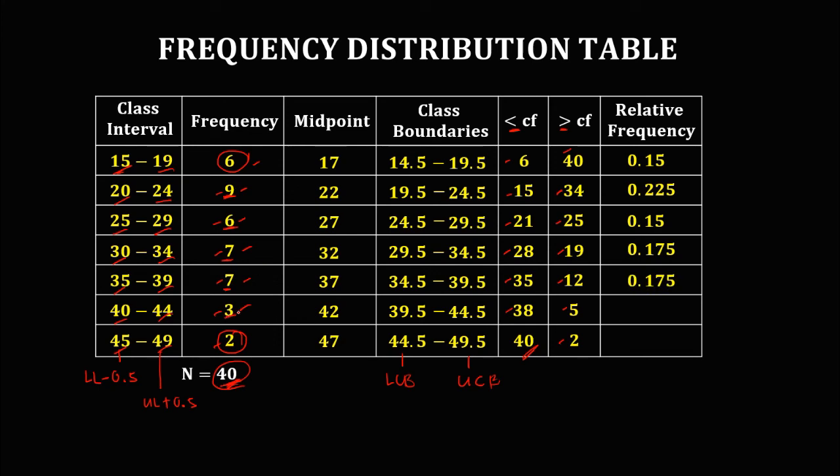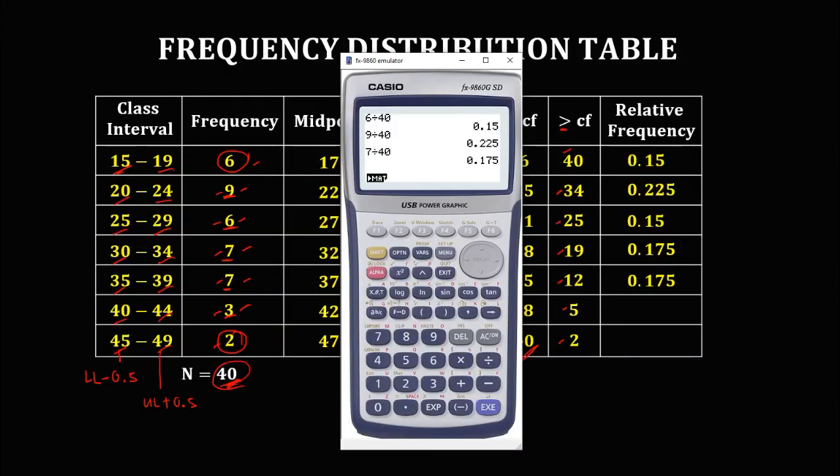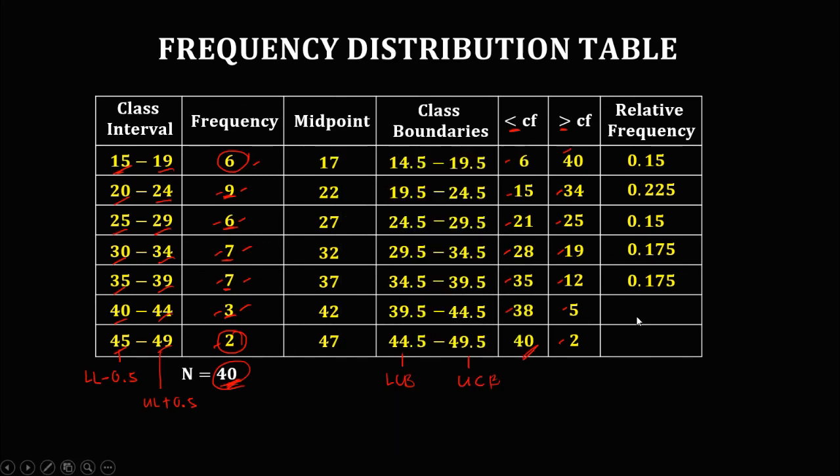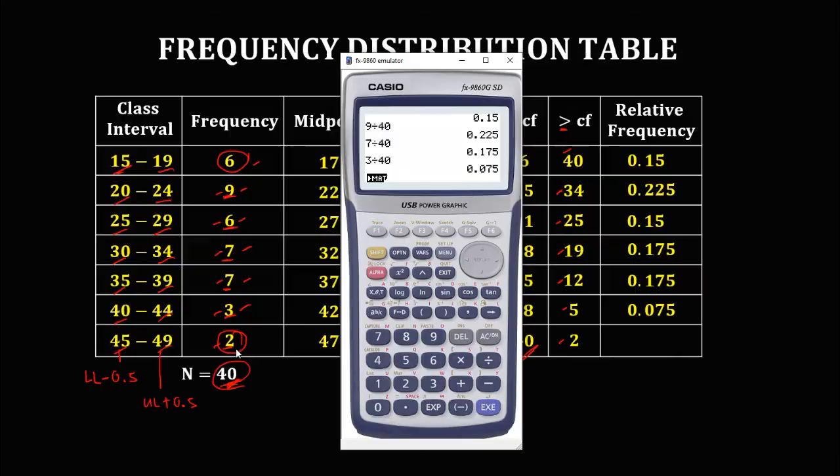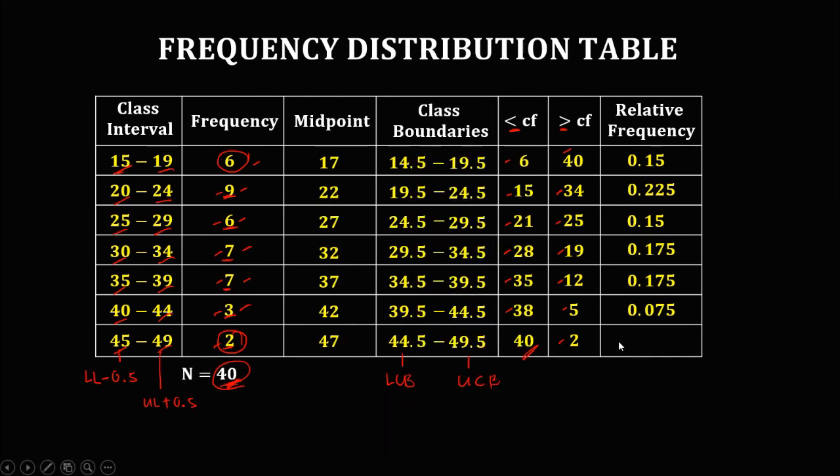Then for this class, 3 divided by 40 is 0.075. And for the last class, 2 divided by 40 is 0.05. To check the relative frequency, if we add all these numbers, the answer should always be equal to 1.